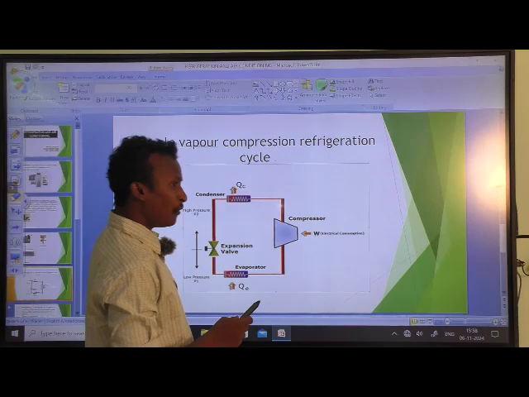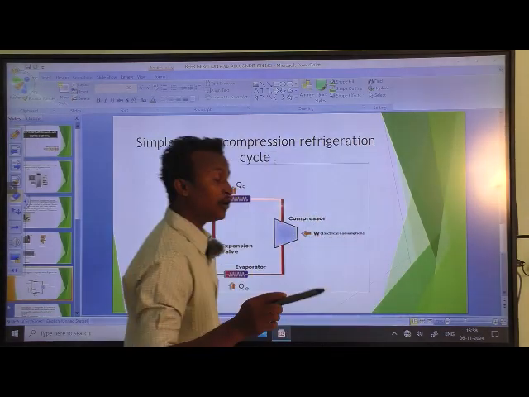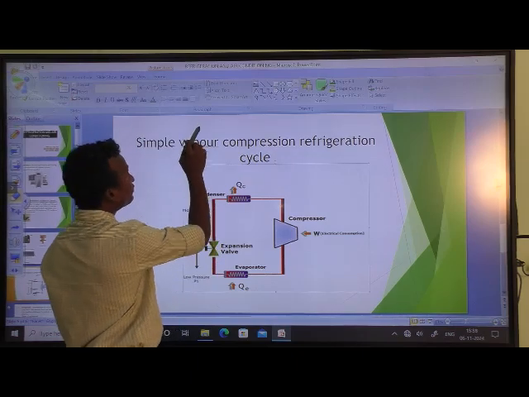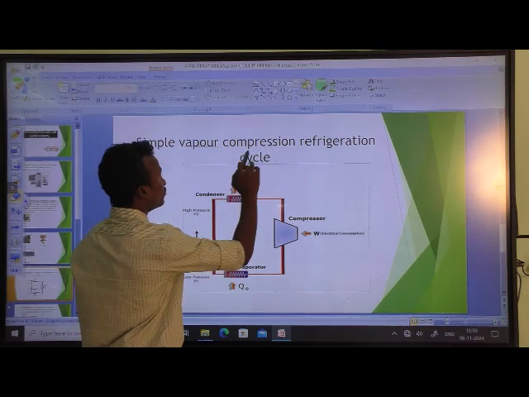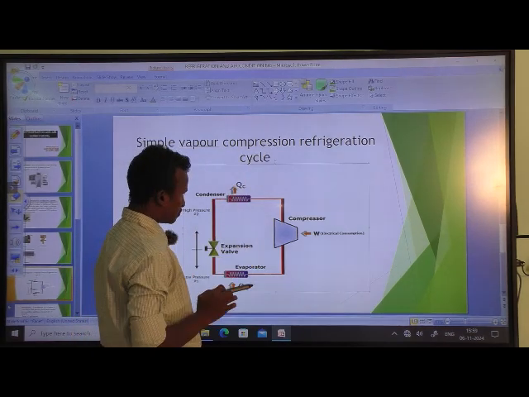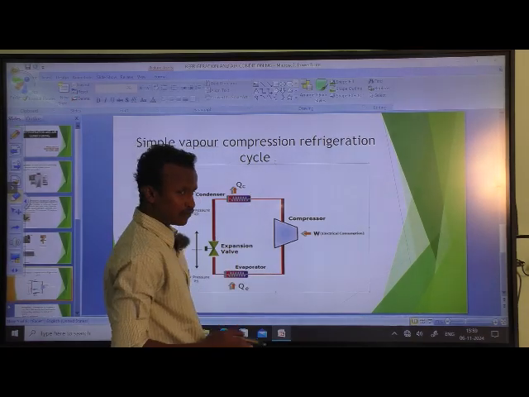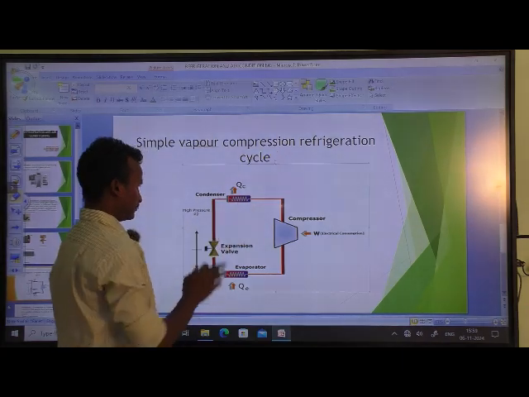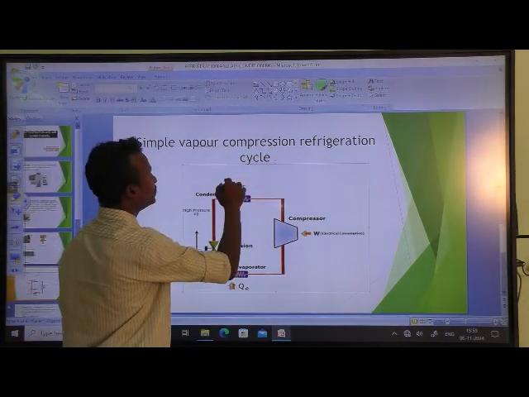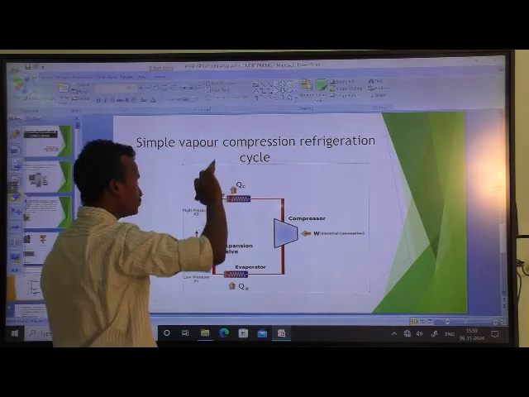So, as we know, heat flows from higher temperature to lower temperature. Surrounding temperature is low. Condenser temperature is high. So heat will flow from the condenser to the surrounding. So in this process, heat will be rejected to the surrounding.